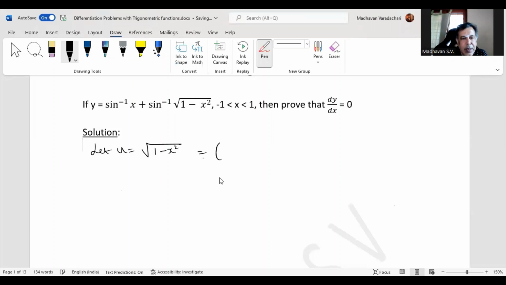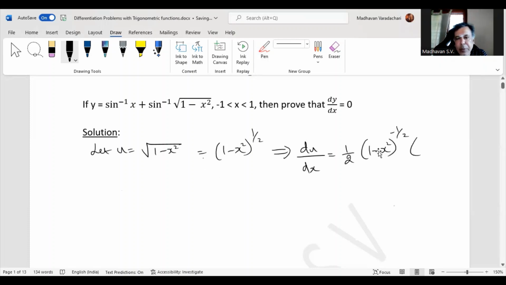So that can be rewritten as 1 minus x square to the power of half, which means our du by dx is half times 1 minus x square to the power of minus half, and then inside we need to differentiate this expression. If I differentiate 1, it is 0, and if I differentiate minus x square, it is minus 2 times x.